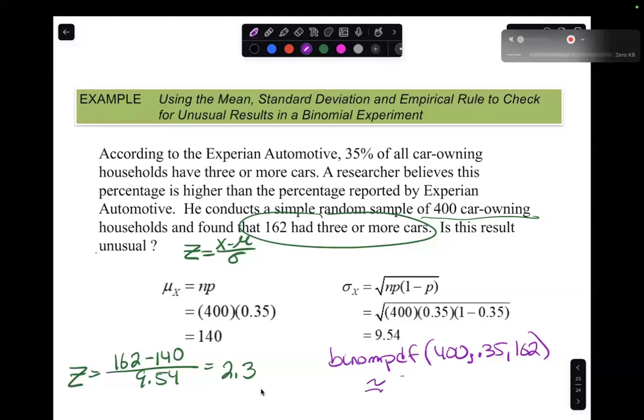I got approximately 0.003. So that is definitely less than 5%. So that's another way to do that. The other way, because, you know, you've got to do all the ways, would be 140 plus 2 times 9.54.